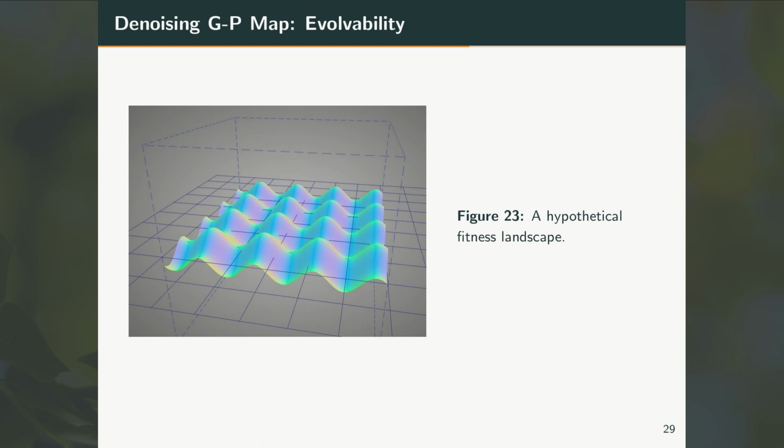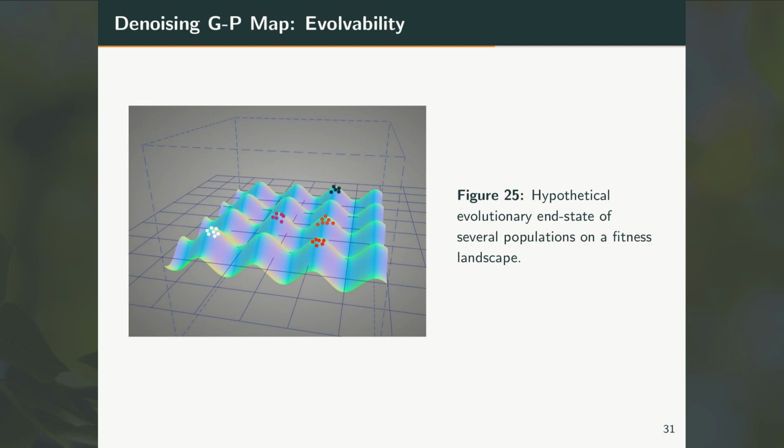So let's look at another hypothetical example, right? A 2-dimensional fitness landscape again. We evolve a single population, it ends up on a fitness peak. We evolve multiple populations, they end up on different fitness peaks. And now, if we train our autoencoder, hopefully it'll start to learn the regularities and the distribution of these local fitness peaks, right?